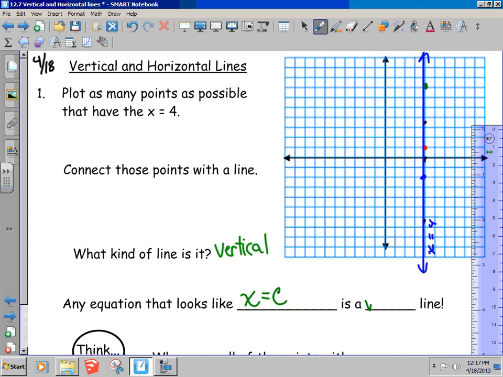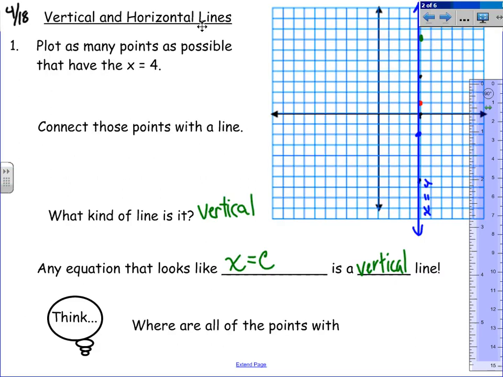Because I just happen to choose x equals 4, but we could go through the same exercise with x equals -5, and we would find all of these points over here. Or x equals -1, it would be all of the points along here. Now I'm going to tell you that this is strange for kids, and kids have a hard time remembering this, because there's a typical point of confusion.